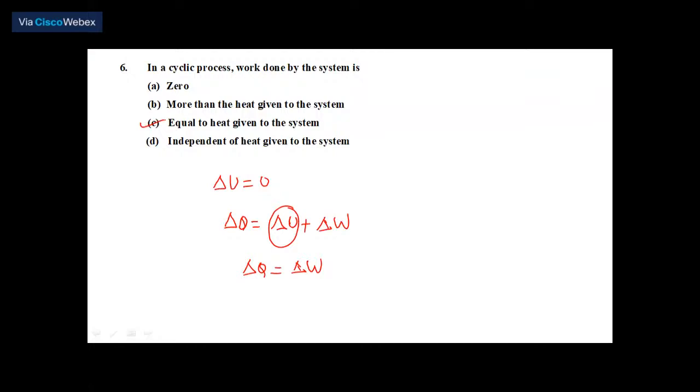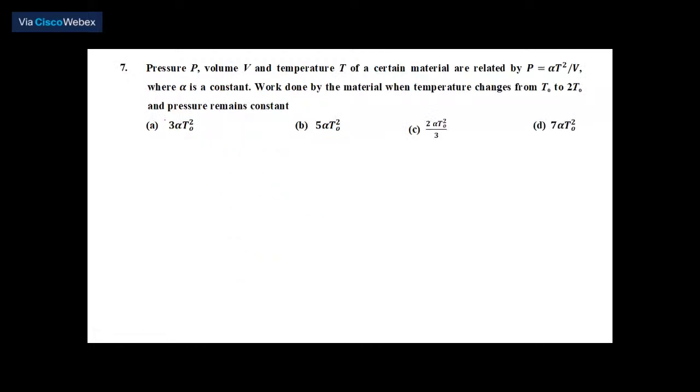We'll move to the next one. Pressure P, volume V, and temperature of a certain material are related by the equation P is equal to alpha T squared divided by V, where alpha is a constant.